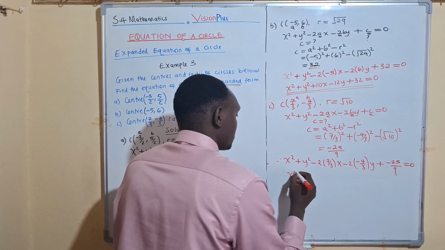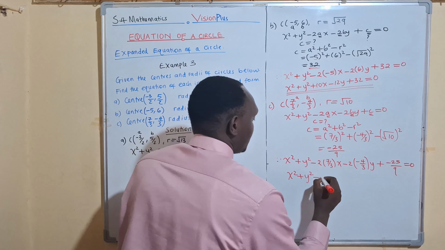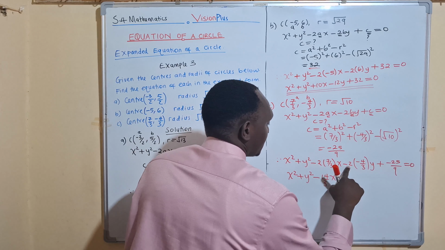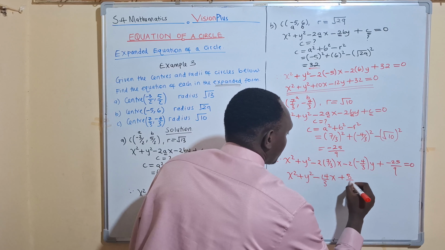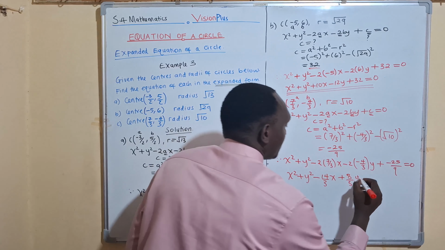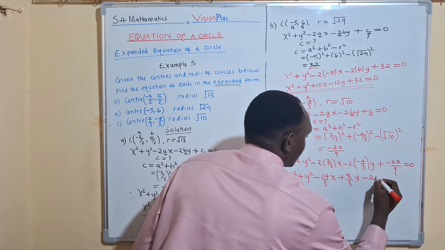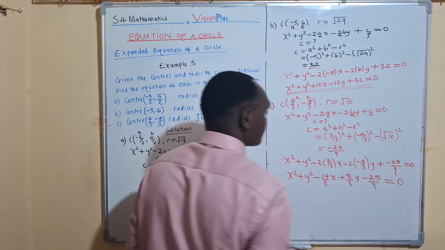This gives us x squared plus y squared minus 2 times 7, 14 out of 3 x, negative 2 times negative 4 becomes positive 8 out of 3 y, negative 25 out of 9 equals to 0.